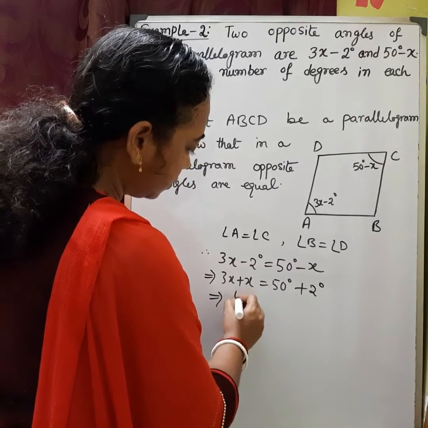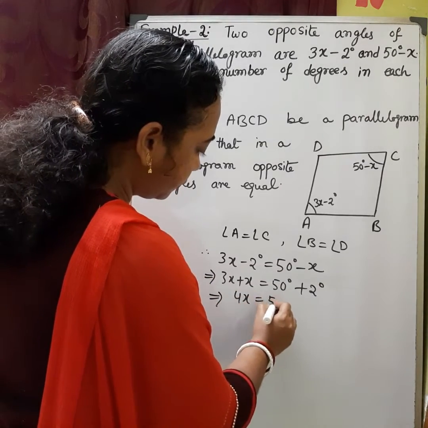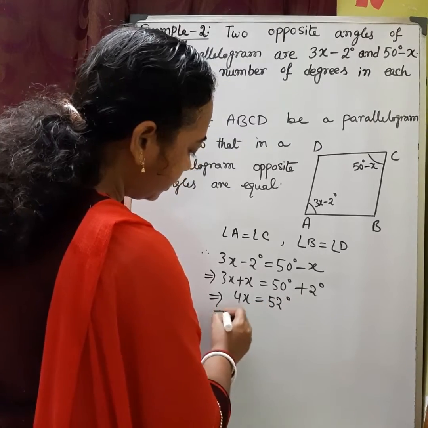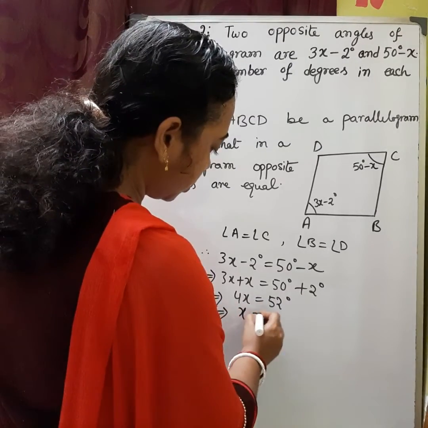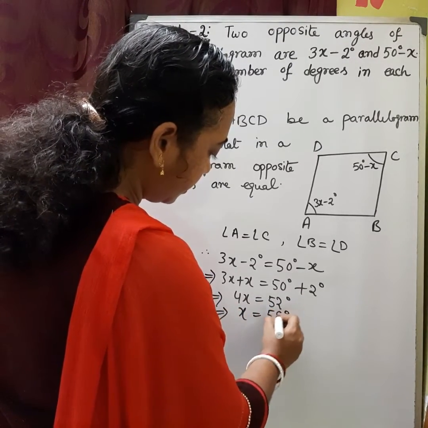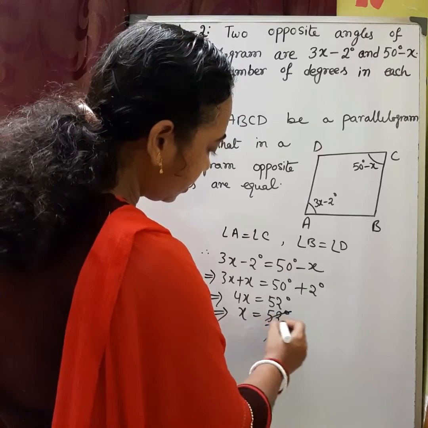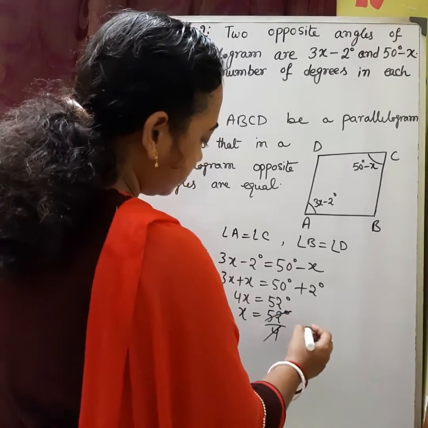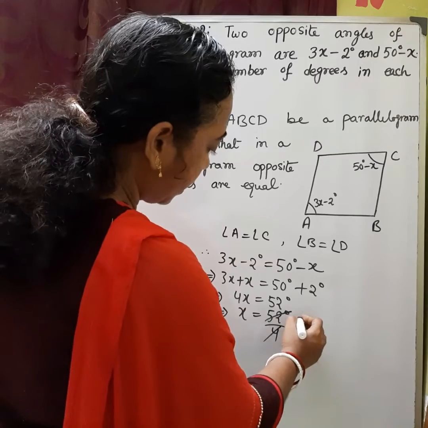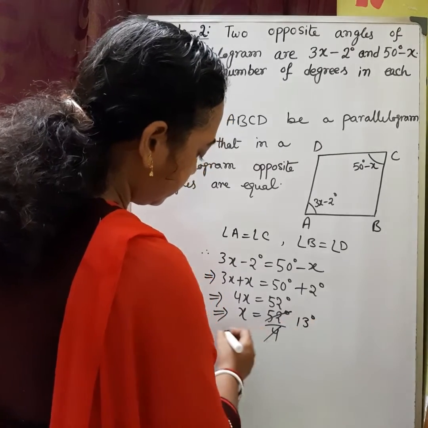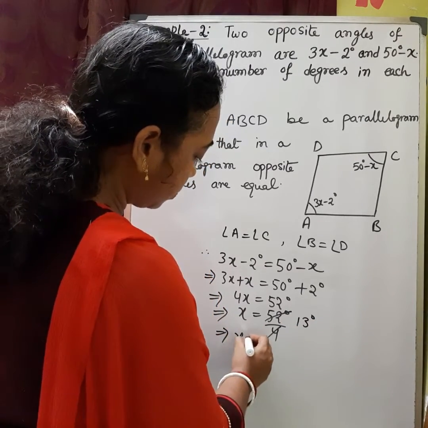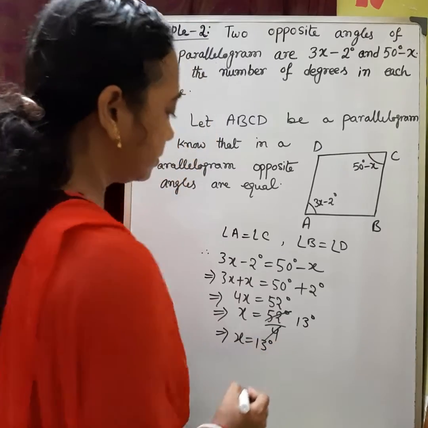This implies 4x is equal to 52 degrees. This implies x is equal to 52 degrees by 4, which cancels out, so this becomes 13 degrees. So therefore we are getting x is equal to 13 degrees.